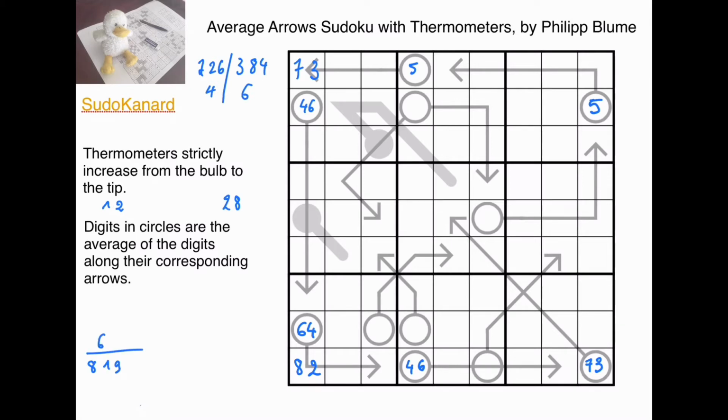Sorry. And 4, we need another 10 without using 2, 6 or 3, so there must be 1 and 9 in both cases. And around here, well, the remaining digits, I guess, that is 5, and those that are not in the scenario.